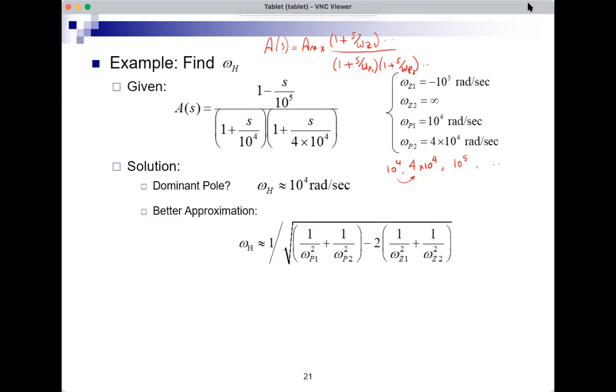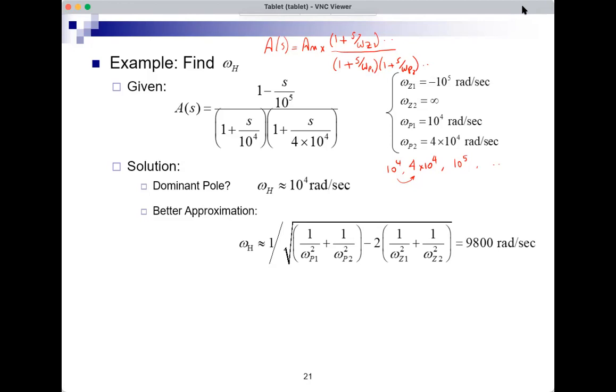Omega h is approximately 1 over the square root of 1 over omega p1 squared plus 1 over omega p2 squared minus 2 times 1 over omega z1 squared. Omega z2 disappears. And if I do this calculation on my calculator, then I get 9,800 instead of 10,000. So pretty close to omega p1. Omega p1 is the dominant one.